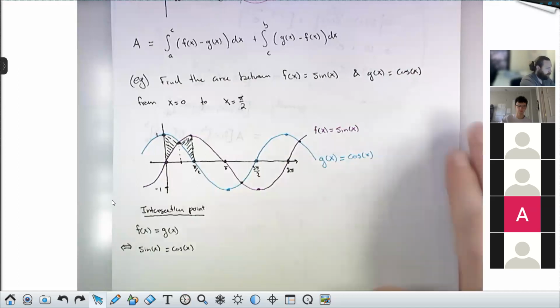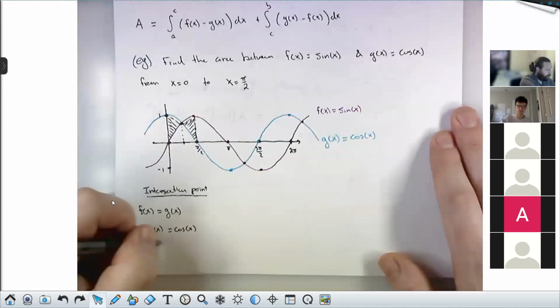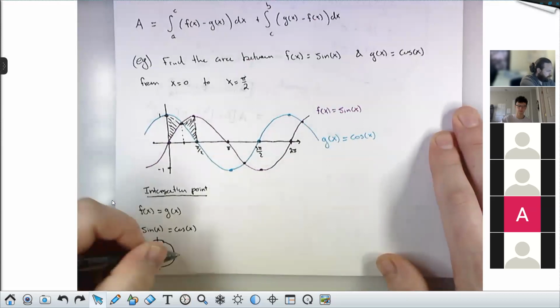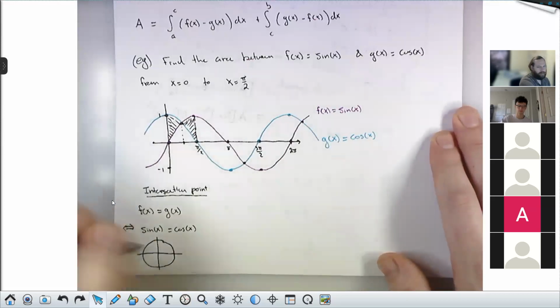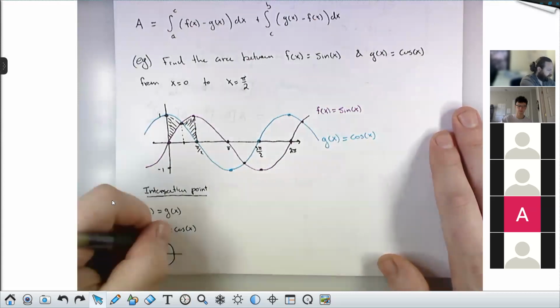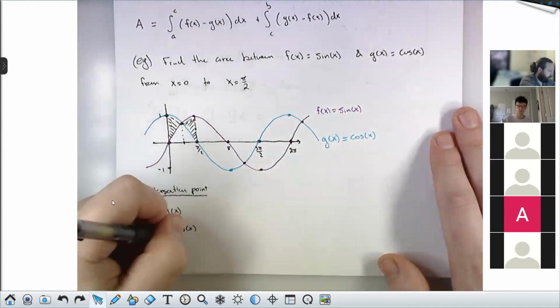I think most of us are probably more comfortable thinking about the unit circle in terms of sine and cosine. There is a point in quadrant 1, right? As I rotate up through quadrant 1, there is a point where sine and cosine are equal right here.